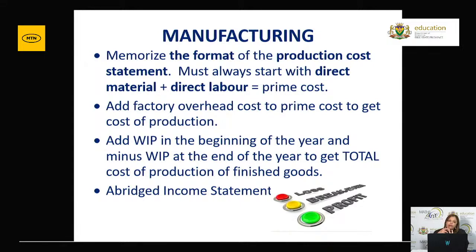If one of them is missing, then you were given total cost of production and you have to work your way from the bottom up to be able to calculate work in progress at the beginning or work in progress at the end. So be careful with that.